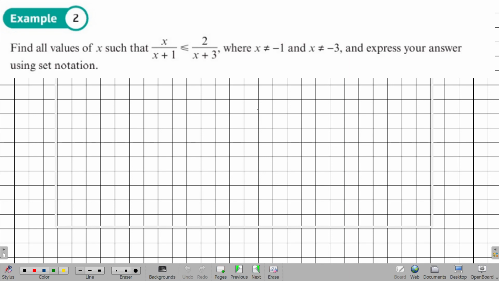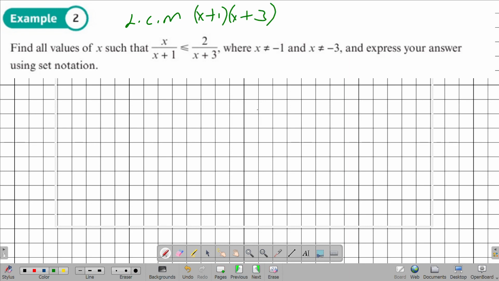So the LCM of this algebraic fraction is x plus 1, x plus 3. But we realize that the problem of multiplying with the LCM results in us eliminating other critical values or not knowing the direction in which the inequality will go as well. So we should use the squared parts.